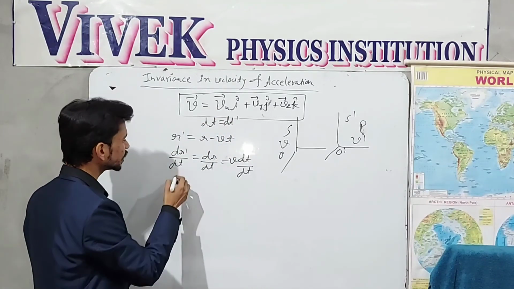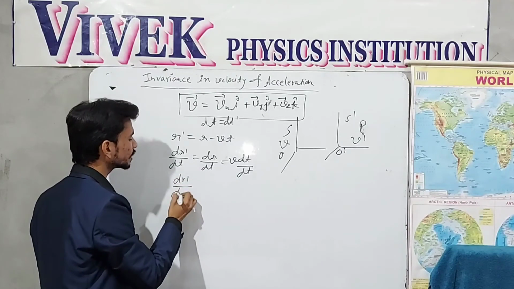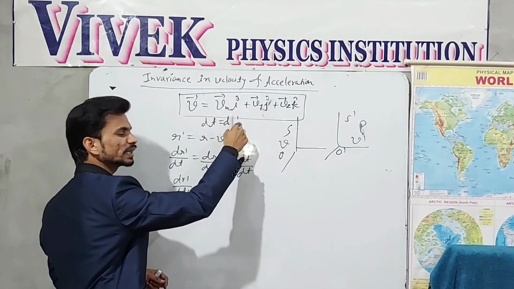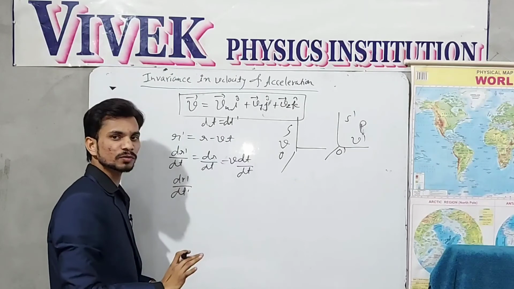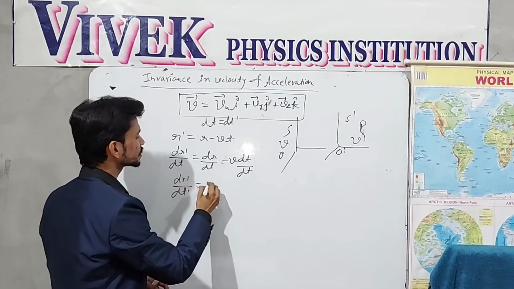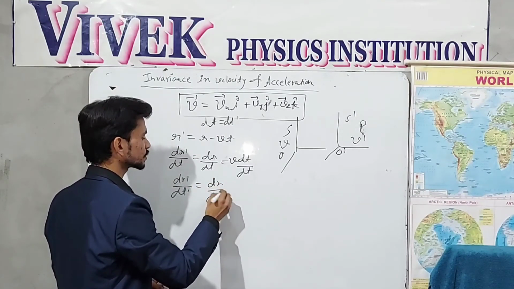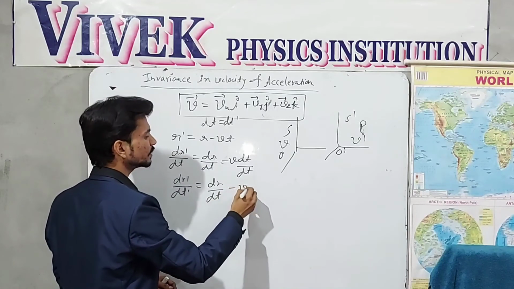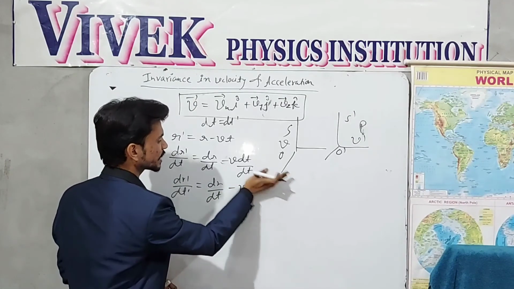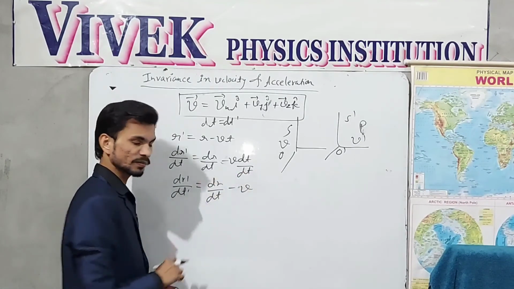So I am taking it as dr dash over dt dash, because whatever the dt dash is, it also equals dt. It is dr over dt, no change, and this is v dt over dt, dt is cancelled by dt. This is simple v.